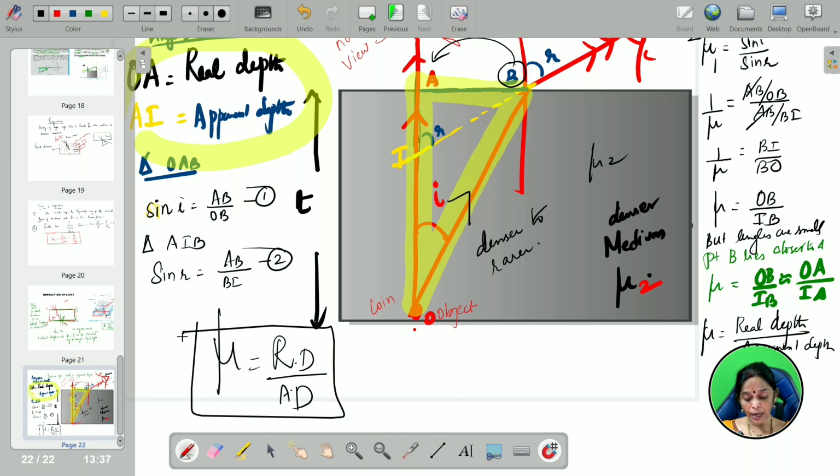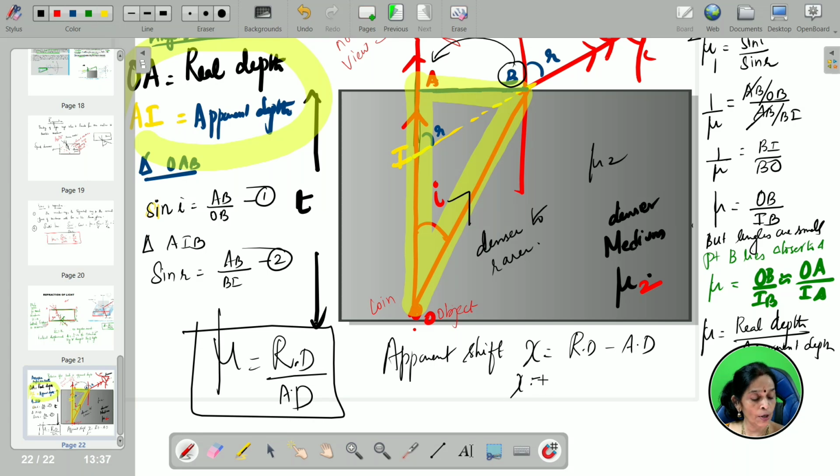Real depth I am writing as RD, and apparent depth as AD. Now the apparent shift: how much shift has happened? That is equal to real depth minus apparent depth. So, that will be real depth times 1 minus apparent depth by real depth.